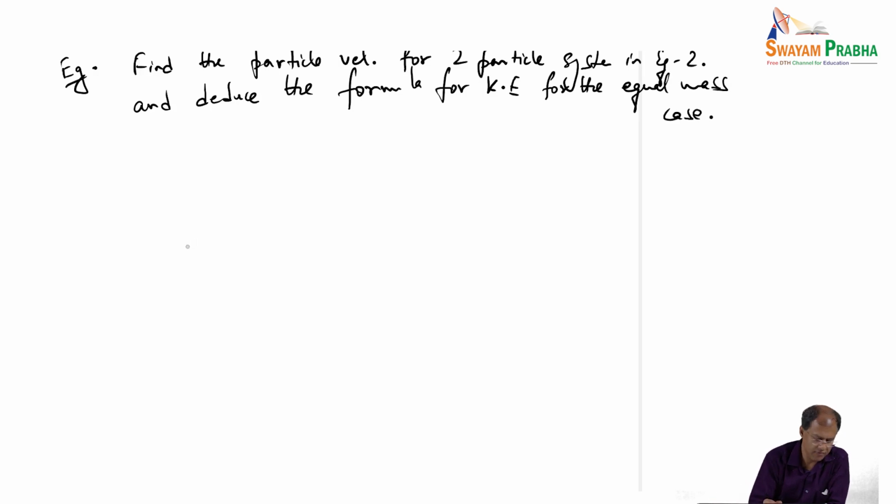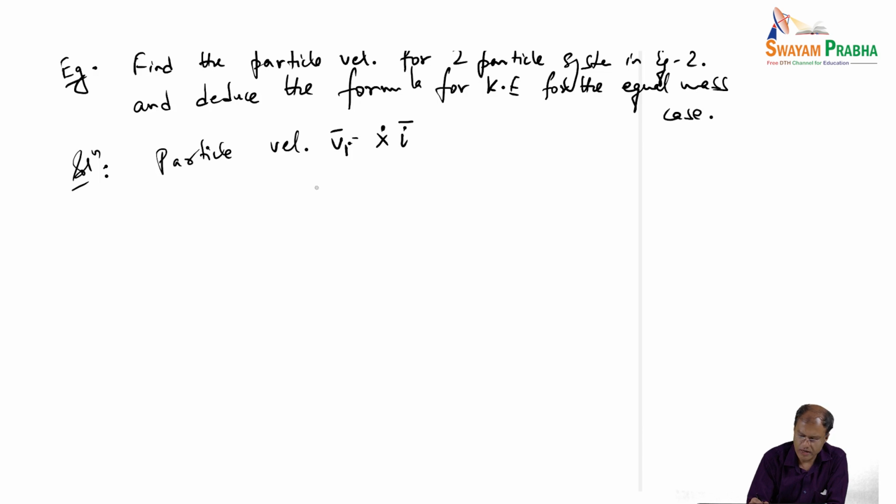Okay, so the particle velocities are given as v1, this is x dot i, and v2, which is x dot i. Example 2 is the case of the two particle system, one of which is moving horizontally and the other particle is connected to the first particle, which is allowed to rotate vertically.